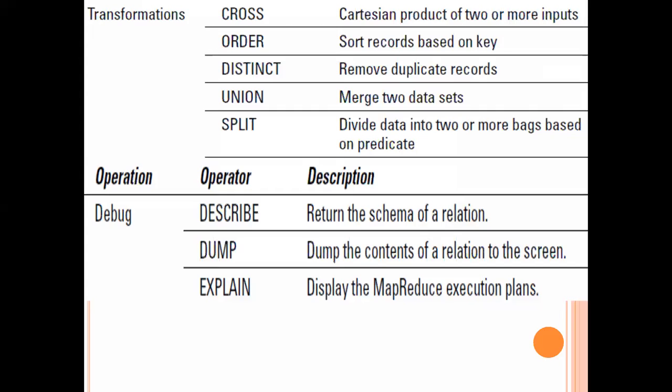Then explain displays the map reduce execution plans. Simply we can say it is a help command; by that we can know what operations we need to perform and what the schema of the relation is. If we want to know the relation, we can use the describe operator, explain, and dump to retrieve the information about what we did.